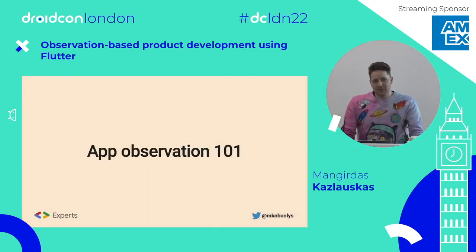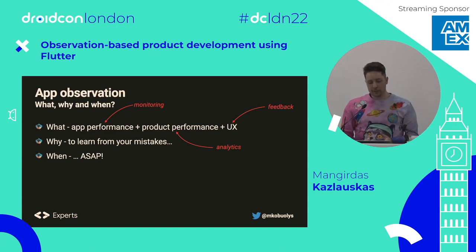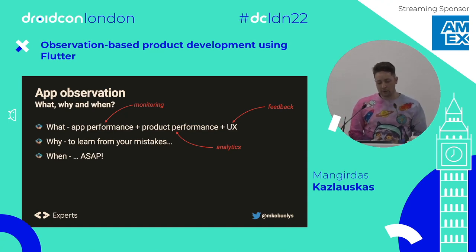Okay, app observation 101. So yeah, what is this thing all about? To me, I split app observation into 3 main parts: app performance, product performance, and UX or user experience. App performance is basically technical app monitoring, measuring all of those geeky metrics like latency, request response times, maybe frame drops, error counts, and whatnot.